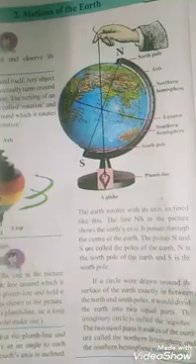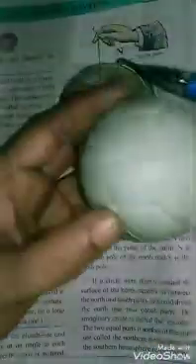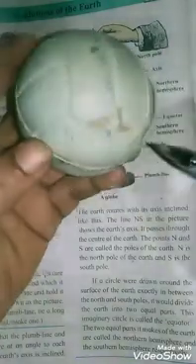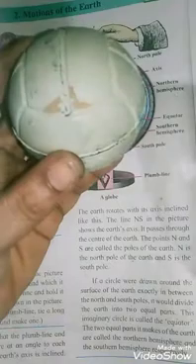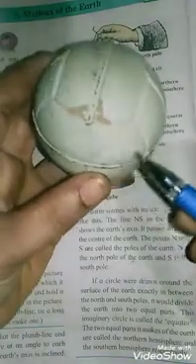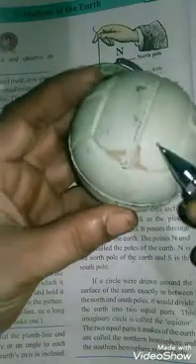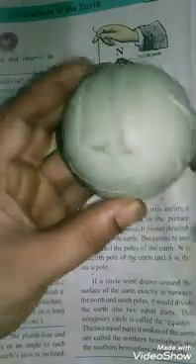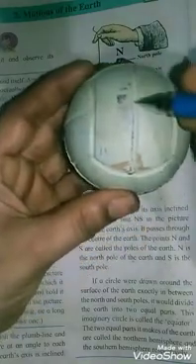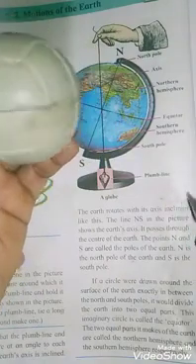As I explained earlier, see this ball. Let us imagine that an imaginary line is drawn around the Earth like this. Imaginary means it's not real. We are considering an imaginary line, and it divides the Earth into two equal parts. This part we can say is the northern hemisphere, and this part the southern hemisphere. This point you can call North Pole, and this point South Pole.